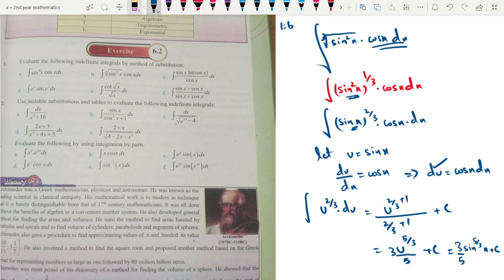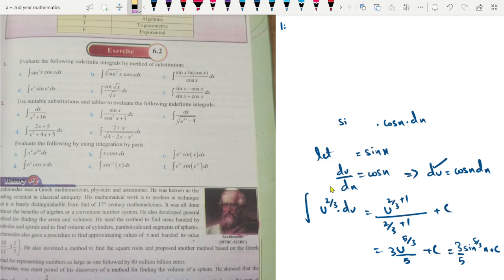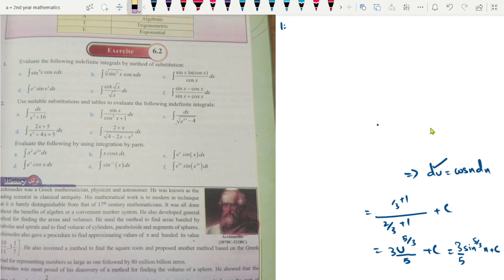Now we will discuss the next part. Part C, question number 1: the integral of sine of x, natural log of cos of x, dx divided by cos of x.